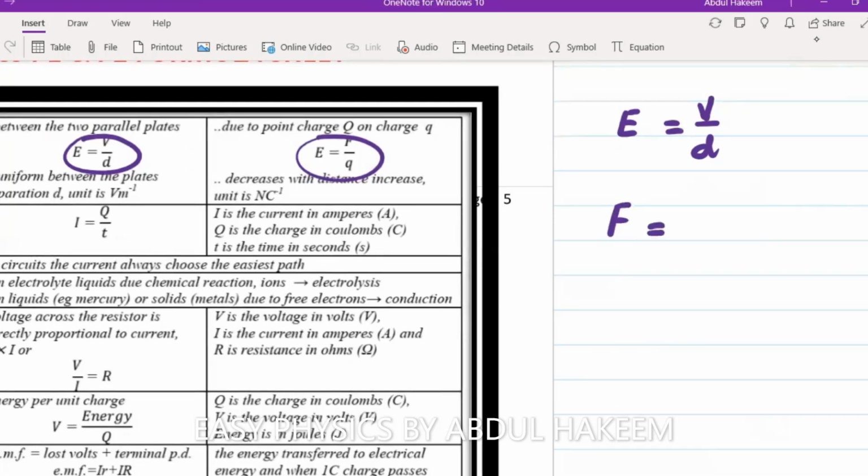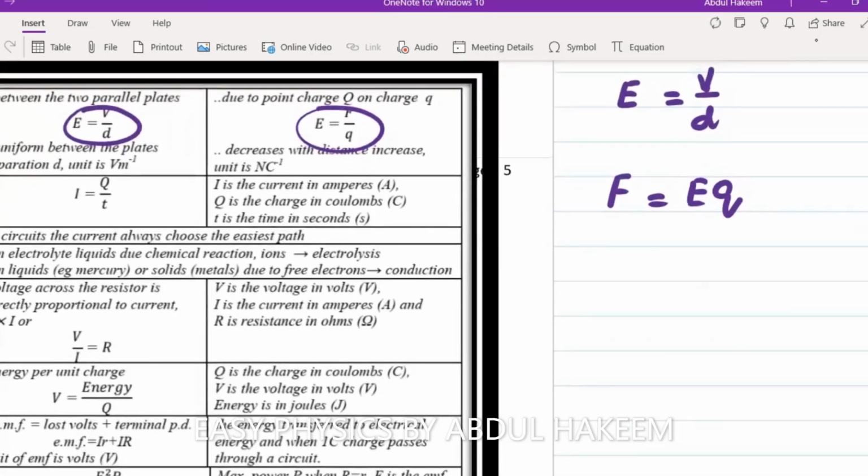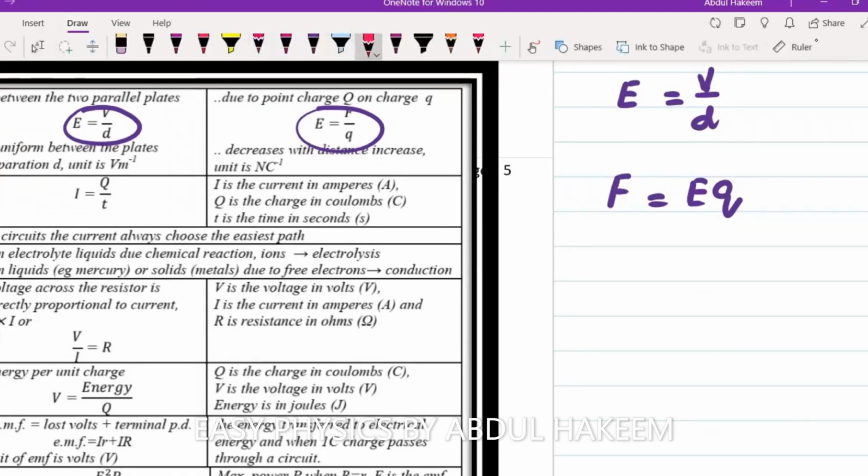Then the force F is equal to EQ. This force is unbalanced and constant in the uniform electric field. Next, acceleration of the electron, F divided by M. Then final speed, V is equal to U plus AT, or simply V square is equal to U square plus 2AS.